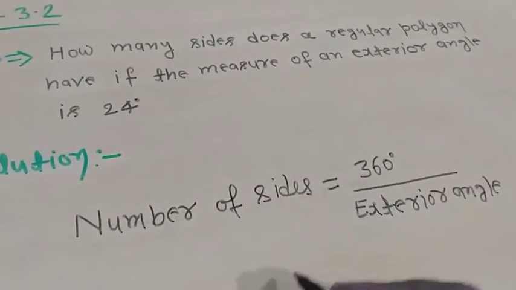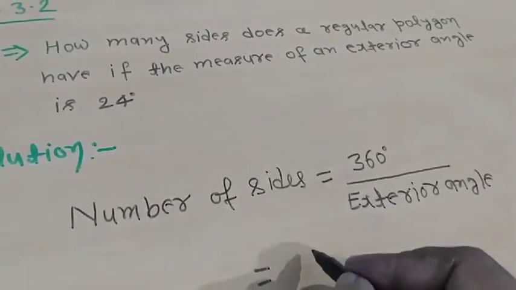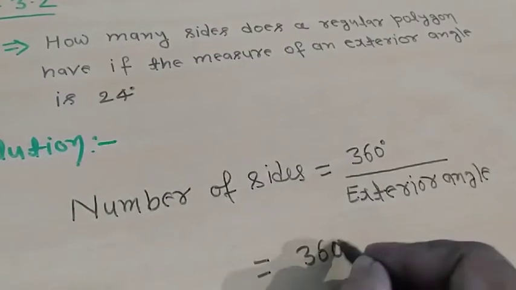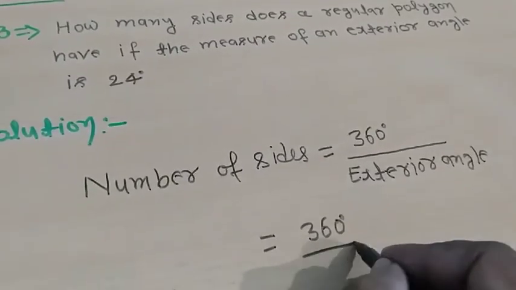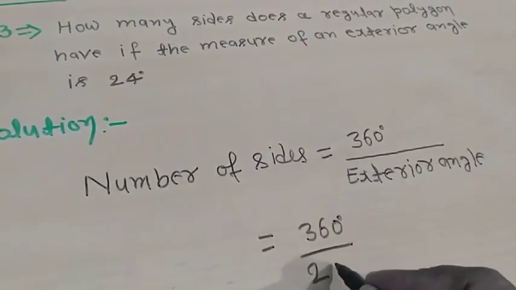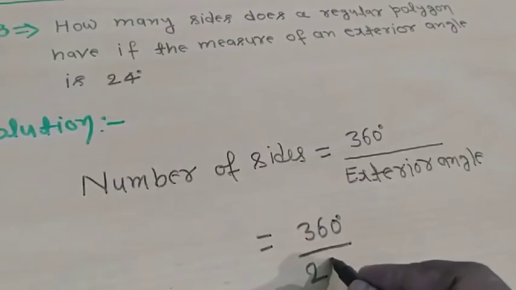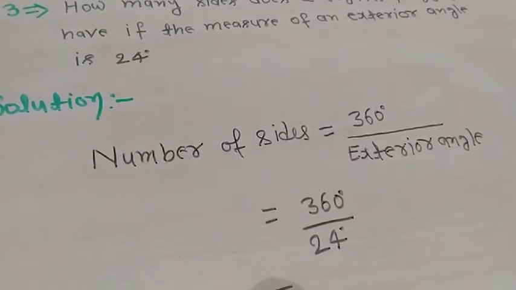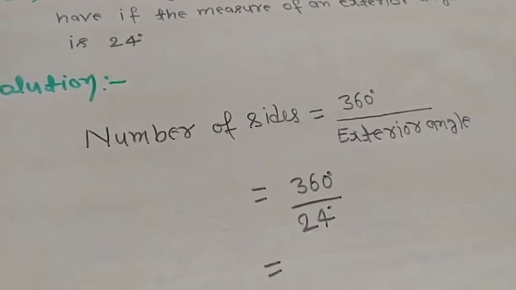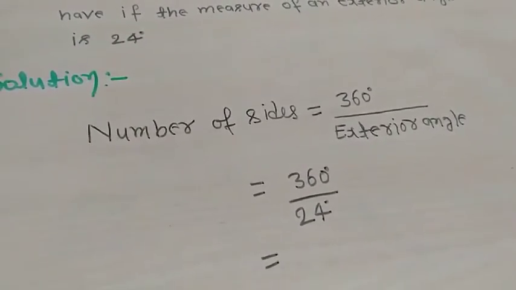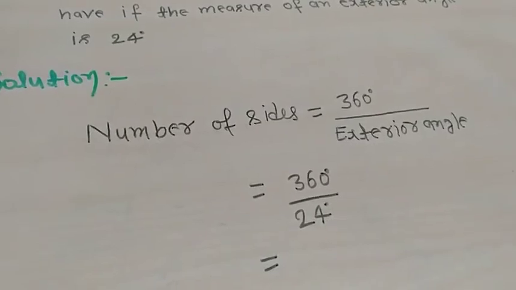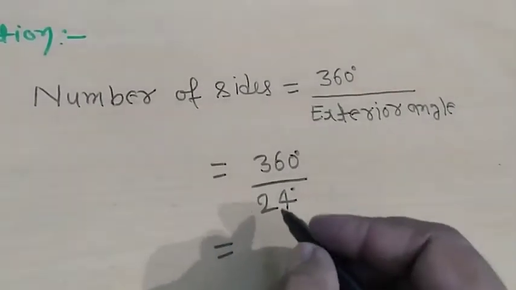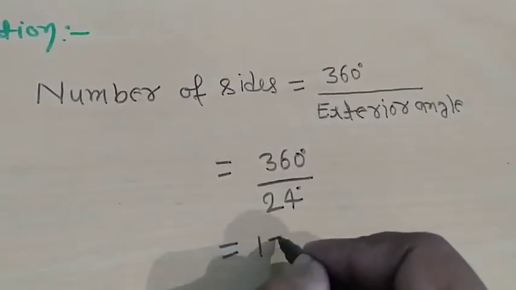Okay, so here exterior angle is given: 360 degree divided by 24 degree. Okay, so divide it, how many times? 15 times. So we find the number of sides is equal to 15.